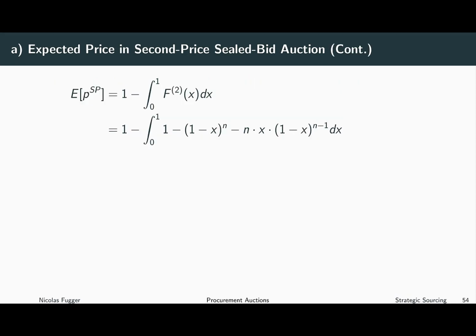Next, we want to further simplify this expression, and to do so, we will make use of the fact that the probability that the second lowest cost is smaller than x is nothing different than 1 minus the probability that all suppliers have costs larger than x, minus the probability that one supplier has cost smaller than x and all the remaining n minus 1 suppliers have costs larger than x.